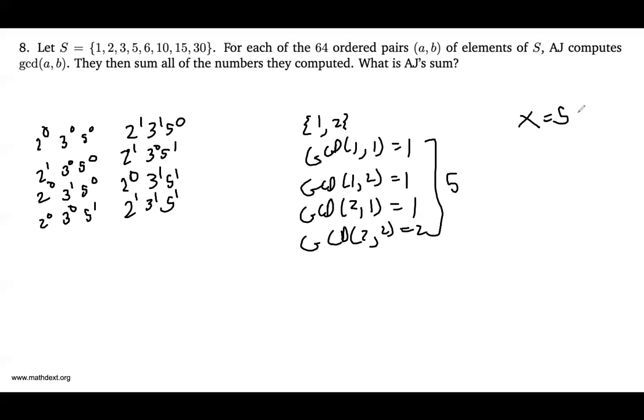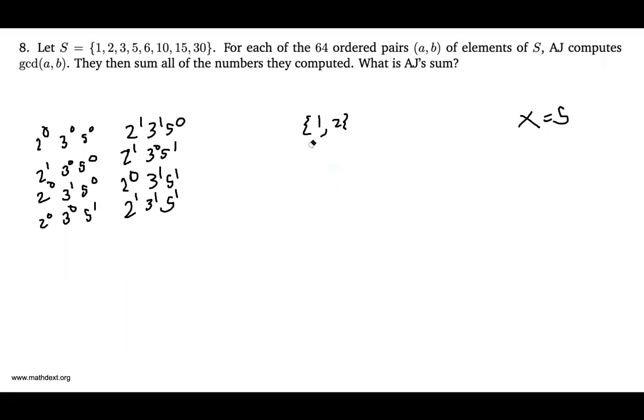Now let's see what happens if we throw in a second prime, namely 3. Okay, we have the set 1, 2, 3, 6. We want to compute GCDs of several things. In fact, we have 16 pairs, since we can choose 4 for A and 4 for B. But let me propose that we break these 16 up into groups of 4.